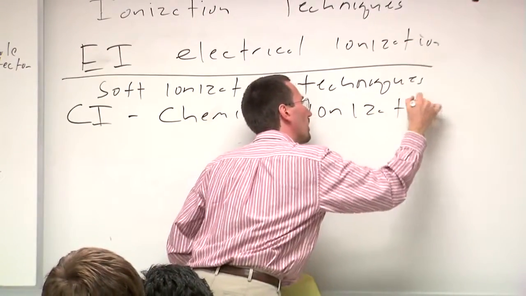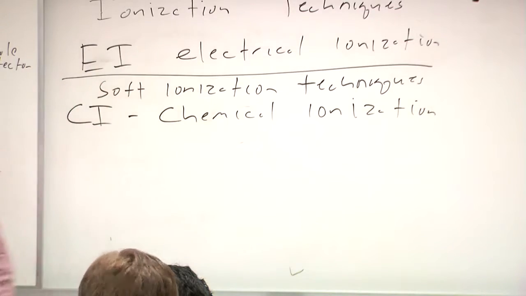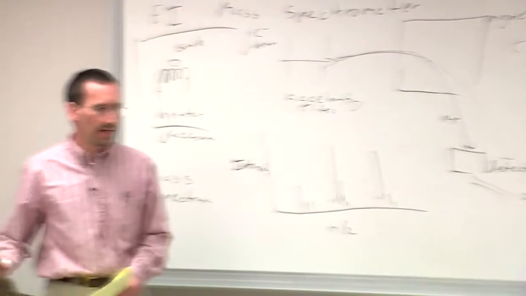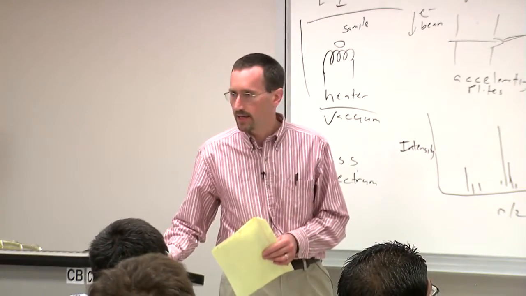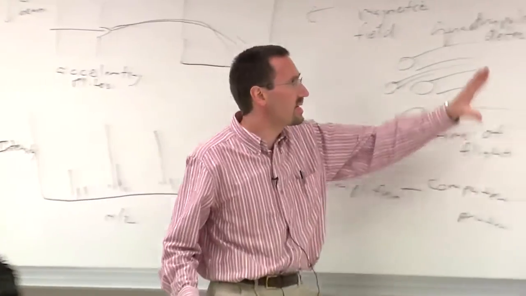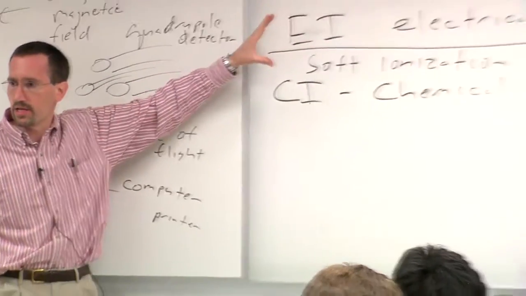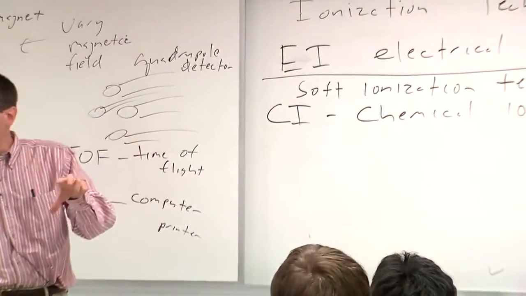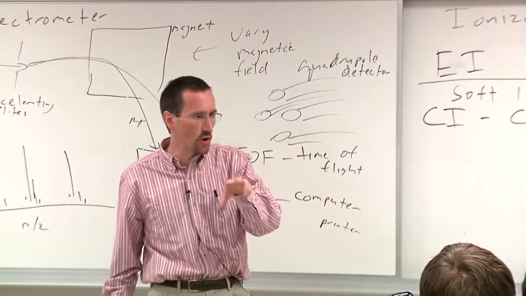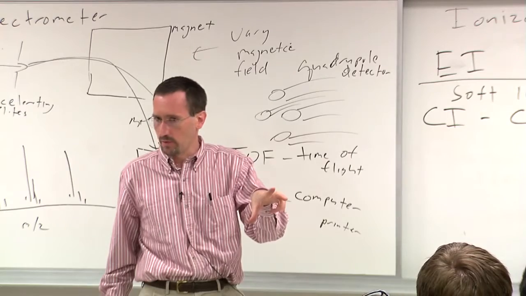And the big difference between all of the soft techniques and electron ionization is instead of knocking an electron out of the molecule, you're putting something charged onto the molecule.